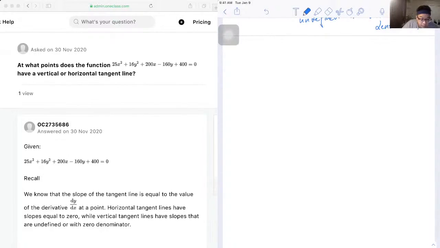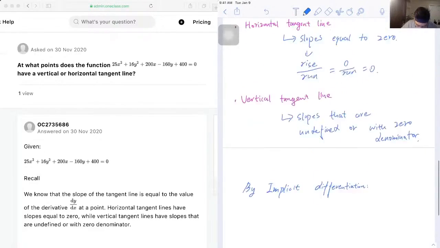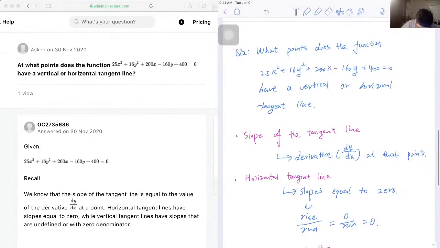So by implicit differentiation, let's copy down the question again.